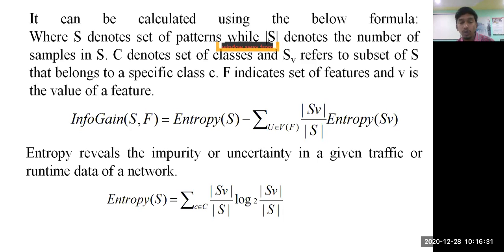From an examination point of view, you will be given examples or a questionnaire, and accordingly you need to compute information gain and entropy and solve your problem. In the examination you will definitely have a problem with respect to decision trees. So these two metrics are very, very important. If you want to compute information gain, you will be using the entropy measure also.